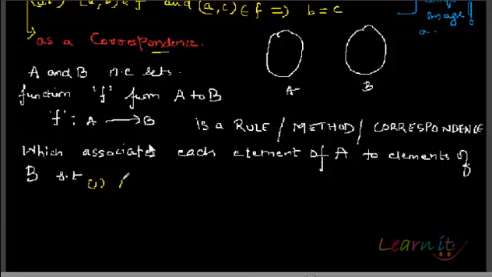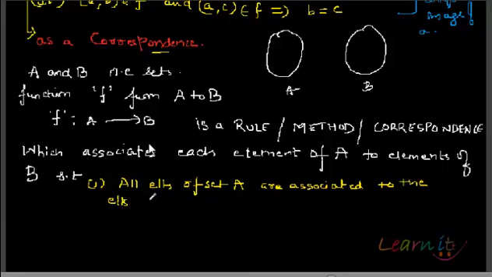Number one, all elements of set A should be associated with elements in the set B. What we mean to say is that there cannot be any free element in A. All elements of A should be exhausted.